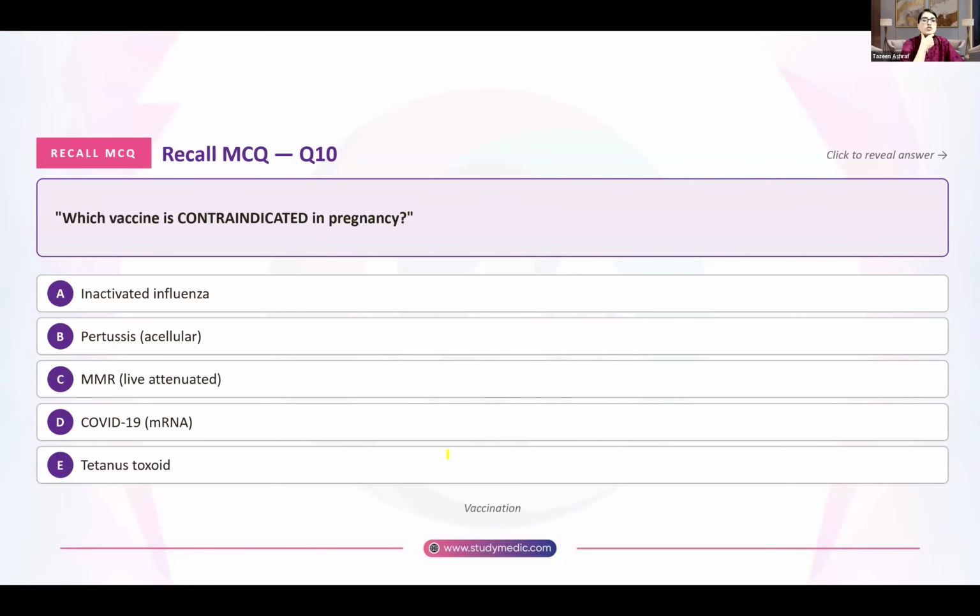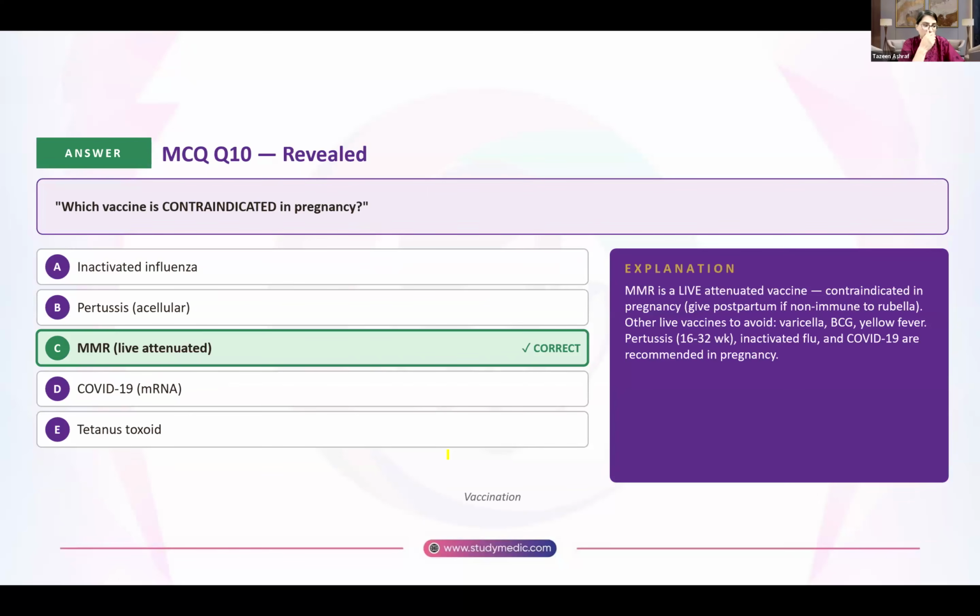So which vaccine is contraindicated in pregnancy? As we discussed, the vaccines contraindicated in pregnancy are the live attenuated vaccines.